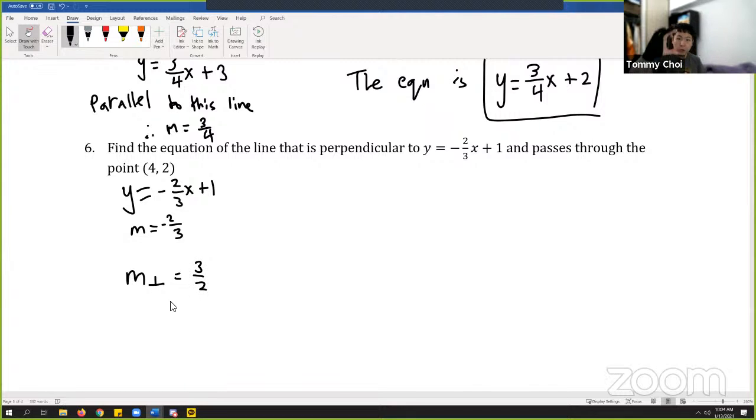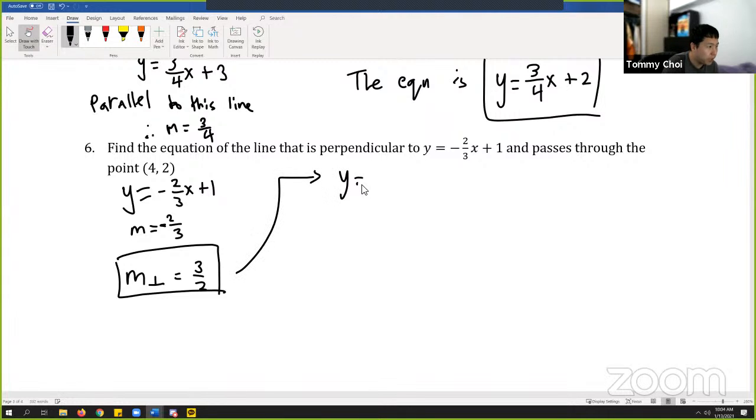Why? Because we flip the fraction and then smack a negative on it. But there's already a negative there, so two negatives make a positive. So this is what we want. Therefore, for our new line, we have y is equal to 3 over 2x plus b. Are there any questions about this step?